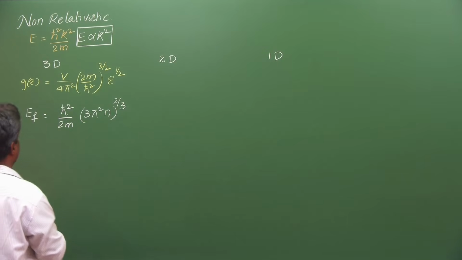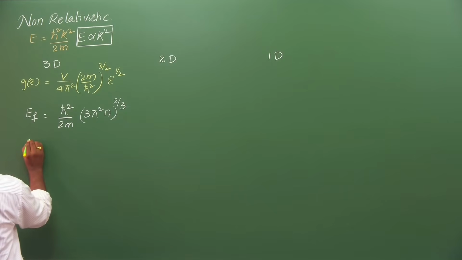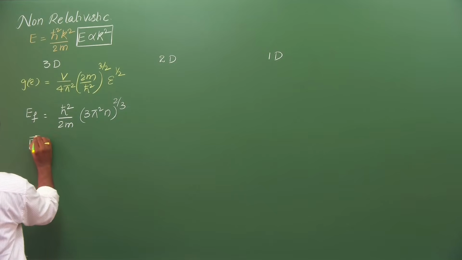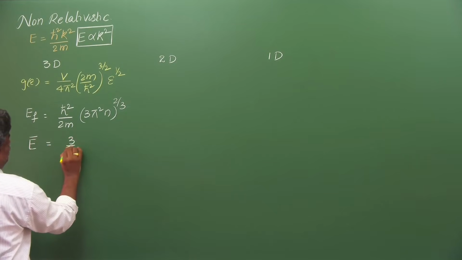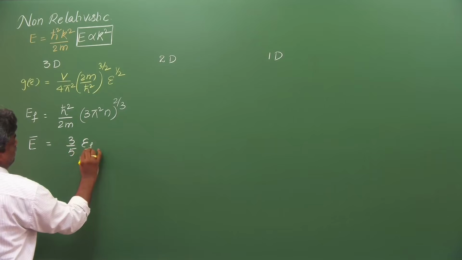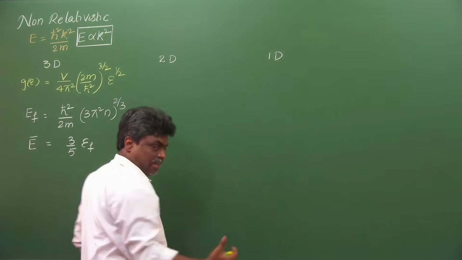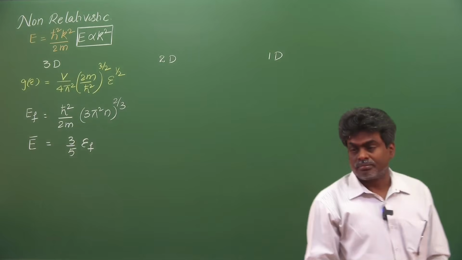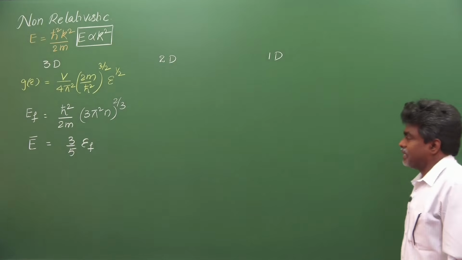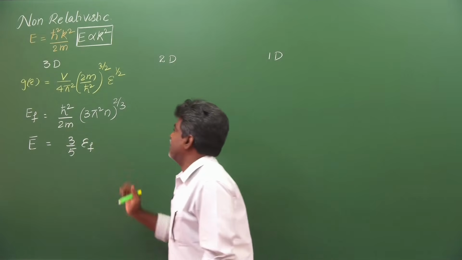Good. And after that, I want the average energy. The average energy, I think here you got 3/5 EF. Like that, I request you to fill in 2D and 1D: only density of states, Fermi energy and average energy.